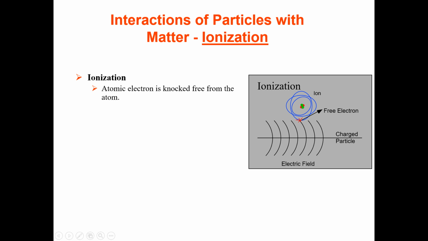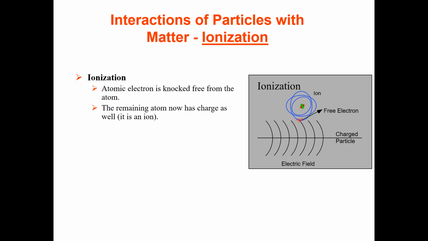For example, you can see here we have an electron, and this electron is knocked out from this particular position. This phenomenon we call ionization. The remaining atom now has a charge as well, so we can say it is an ion.